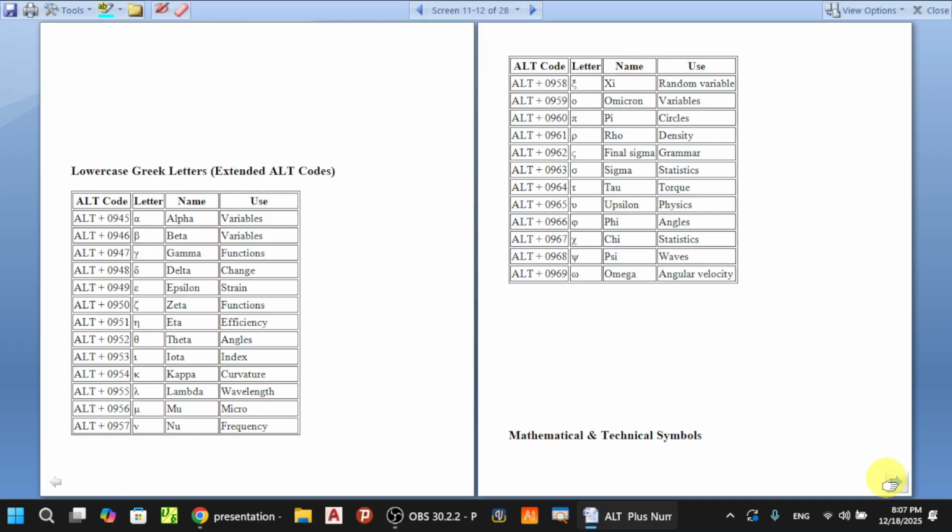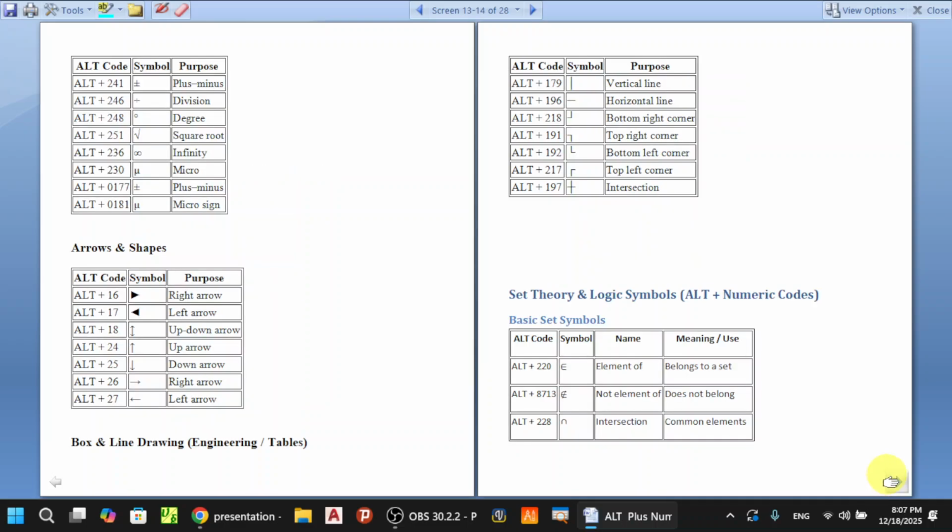Then arrows and the mathematical symbols: plus or minus, divisions, degrees, square roots, infinities, micro sign. Okay. The other thing is set theory symbols: element of, not element of, intersections are written here.